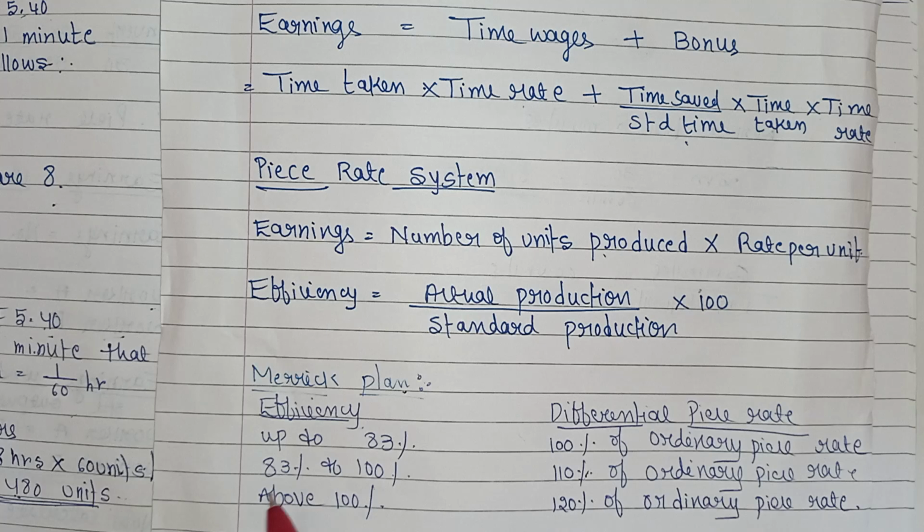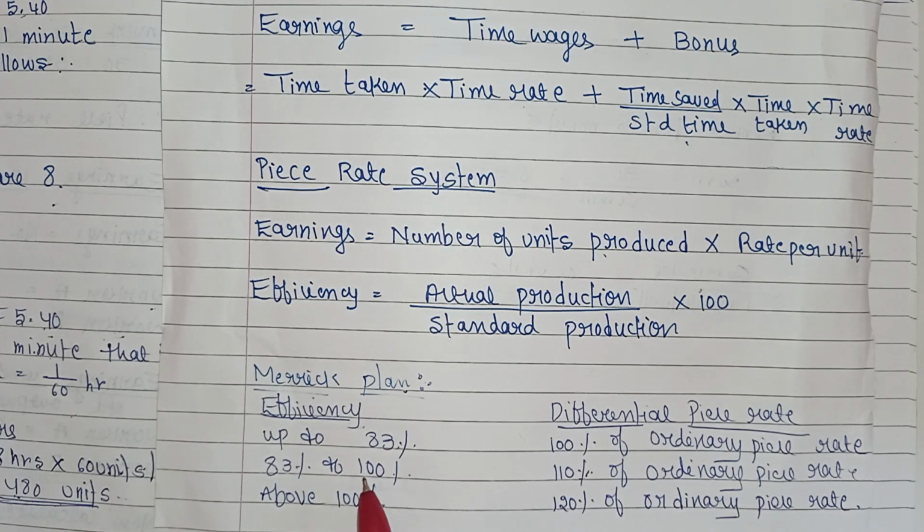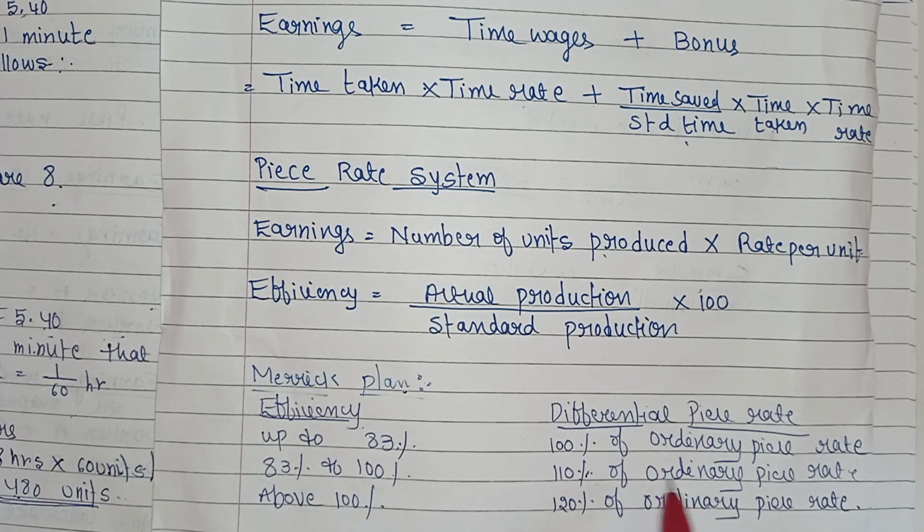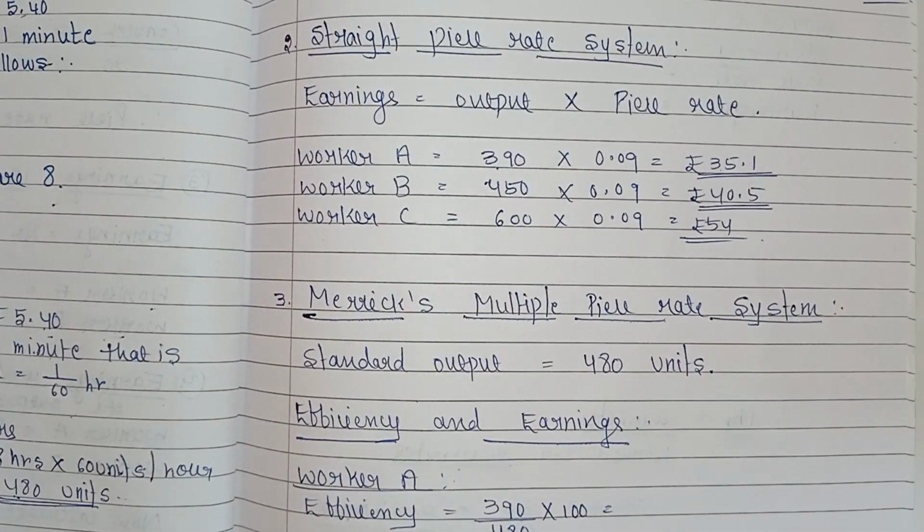Clear? And if the efficiency of workers is 83% to 100%, then 110% of ordinary piece rate is applicable. And above 100%, if the performance level is above 100%, then 120% of ordinary piece rate is applicable. Clear? So now let's start.